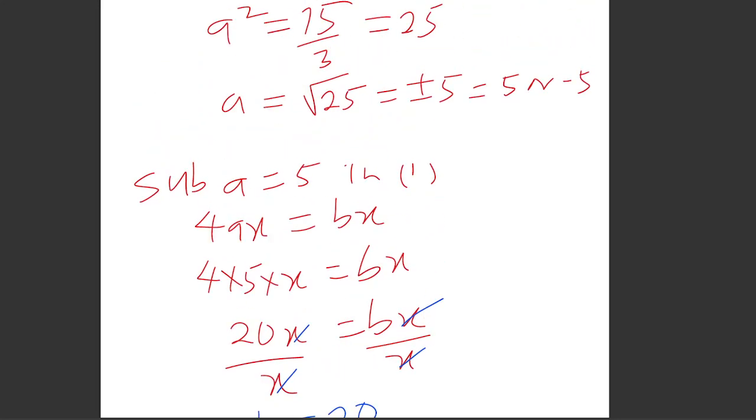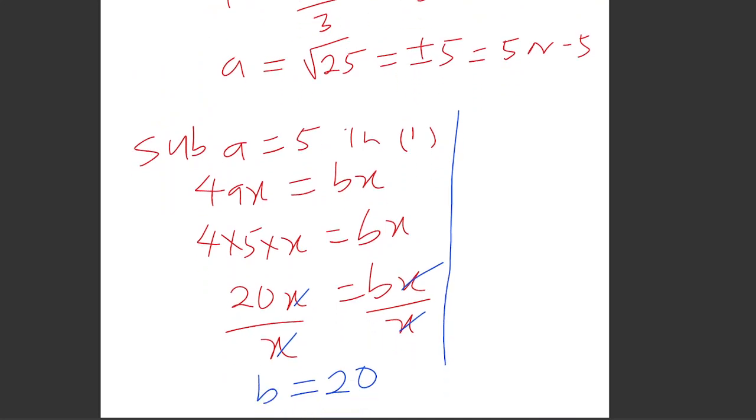Then the same thing, we can also make use of a equals minus 5. If a is equal to minus 5, all right, that means we are going to put minus 5 here. This will give us minus 20x equals bx.